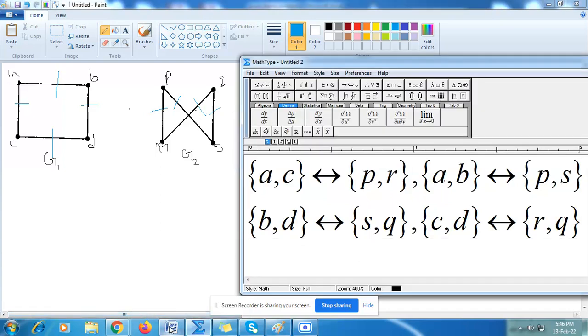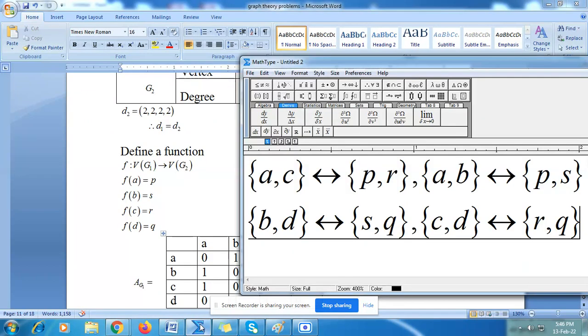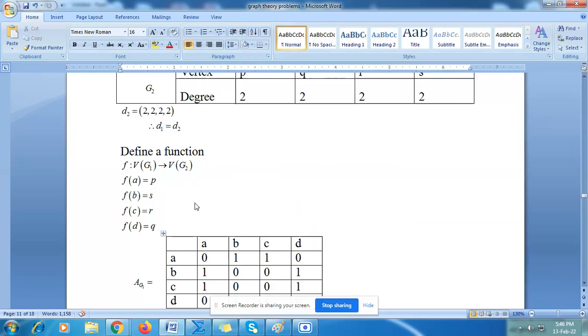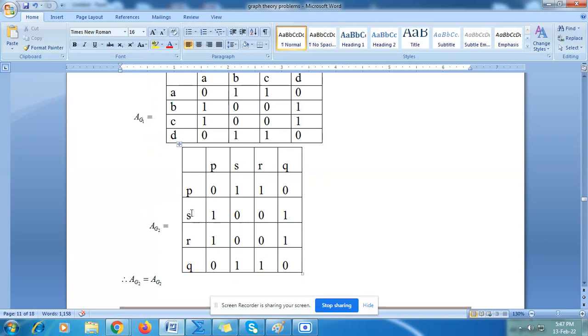Now define the mapping: A to P, B to S, C to R, and D to Q. So f of A is P, f of B is S, f of C is R, f of D is Q. Now find the adjacency matrix of graph 1 and also the adjacency matrix of graph 2.